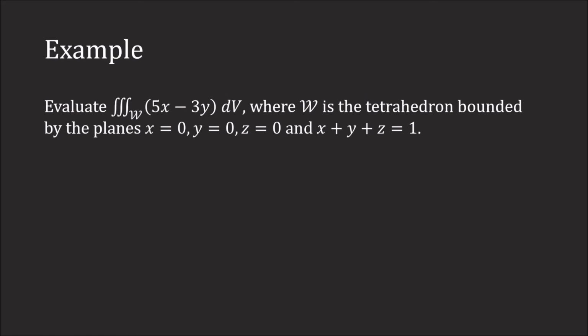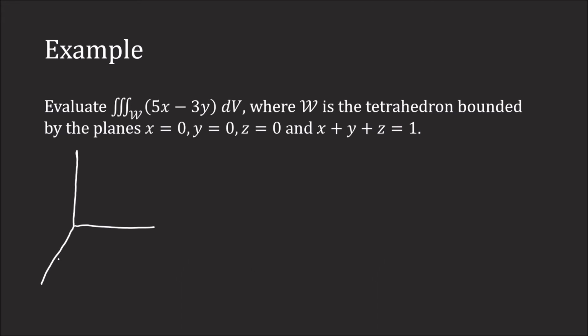So let's go ahead and evaluate the triple integral over W of 5x minus 3y dV, where W is the tetrahedron bounded by the planes x equals 0, y equals 0, z equals 0, and x plus y plus z is equal to 1. I'll do my best to sketch this in 3 dimensions.